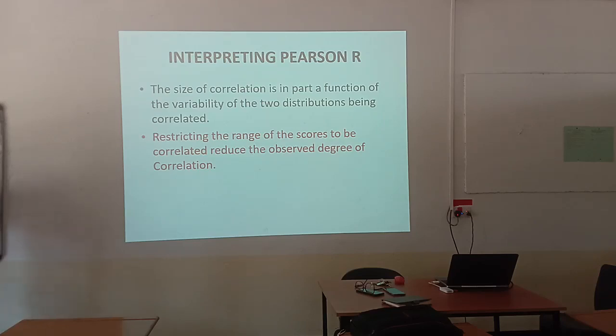So apart from the association that maths and statistics have, there are other associations occurring, and those are the ones explaining this behavior. Okay? So, when you are interpreting your correlation coefficient, remember that that is happening.